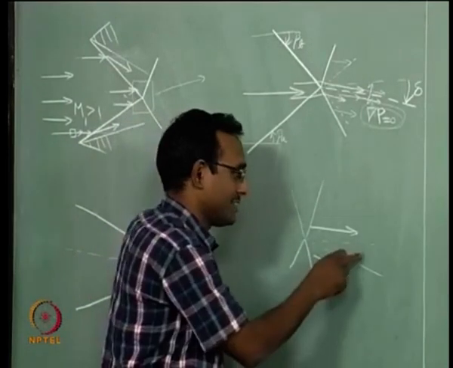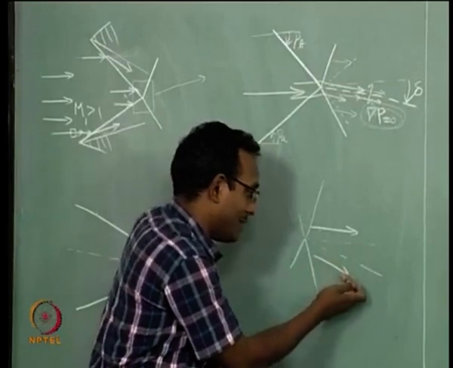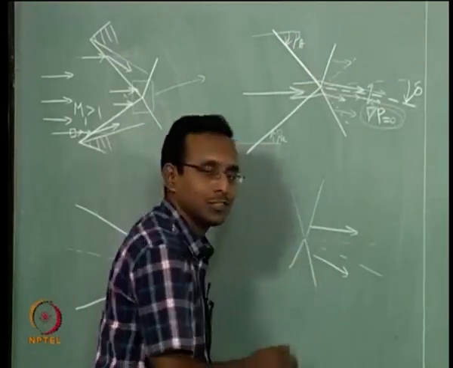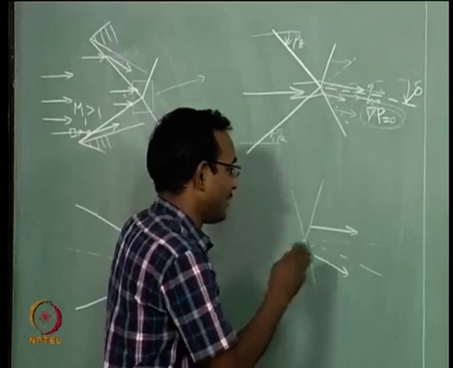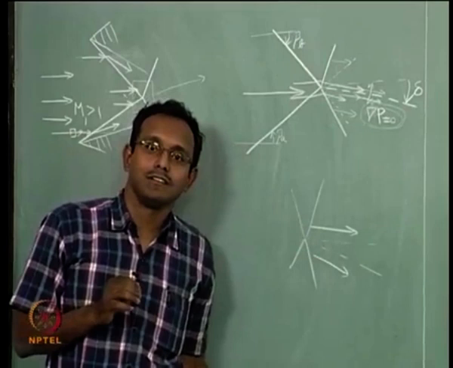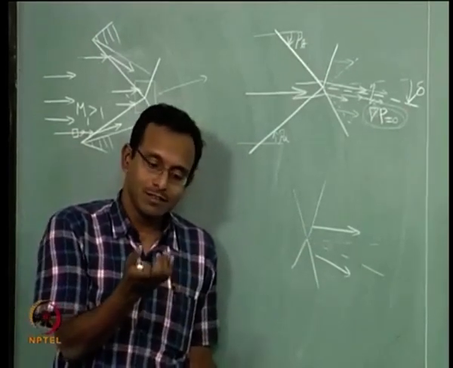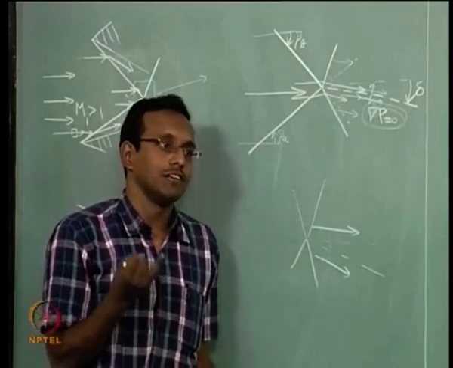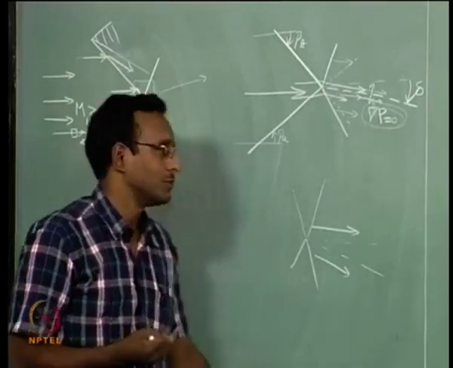If that is the case, then fluid will immediately go and fill that region, which will automatically adjust this shock. Everything will naturally take care of itself. So I am going to say the conditions in this kind of problems will be pressures must match and velocity vector direction must match. Those are the two things.